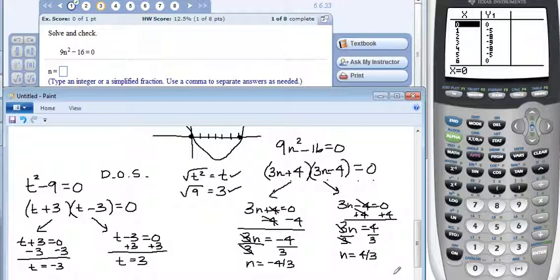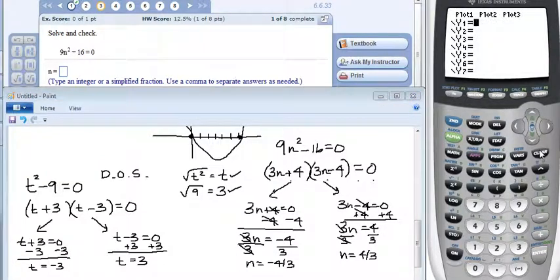Now here's one that I can't check on the calculator. I'll show you why. All right, my original was this. So I have 9x squared minus 16. This one goes way down, doesn't even show on there.